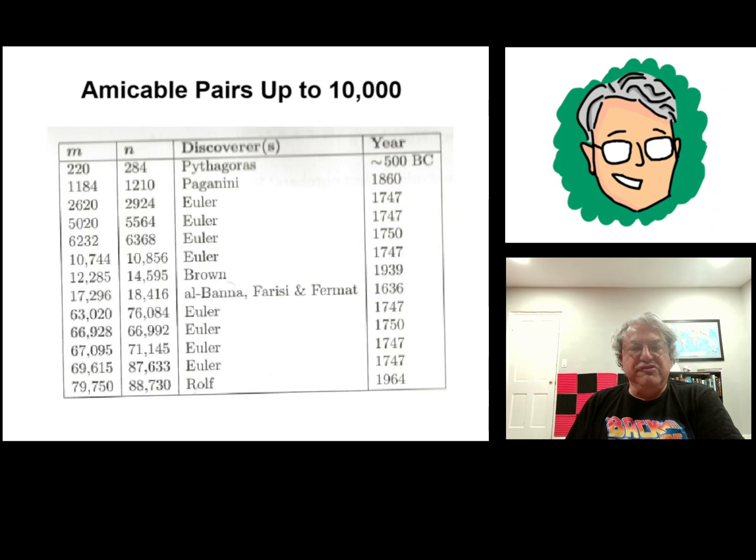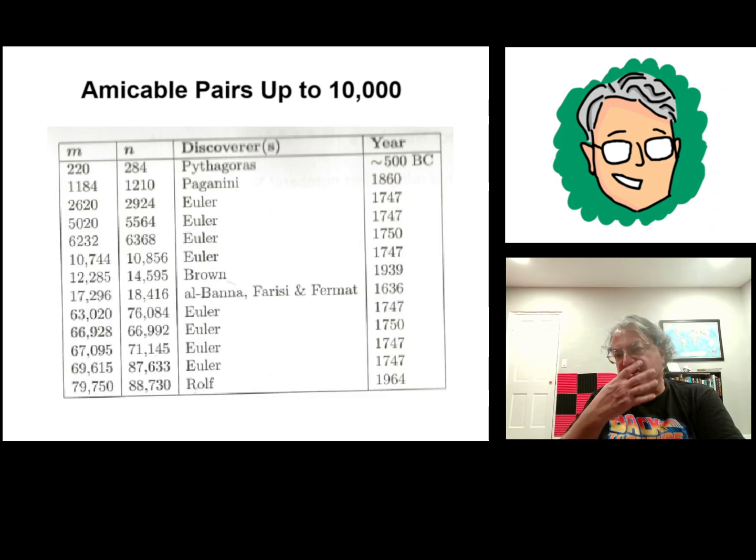There's pretty good heuristics on the density of these things, and perfect numbers have a very, very low density, which I'm not even going to try to say what it is. It's less than the natural logarithm. I think it's something like the natural log of the natural log, which is a very slowly growing function. Log is slow growing already, but amicable pairs seem to grow about like the cube root. I think they seem to obey a power law.